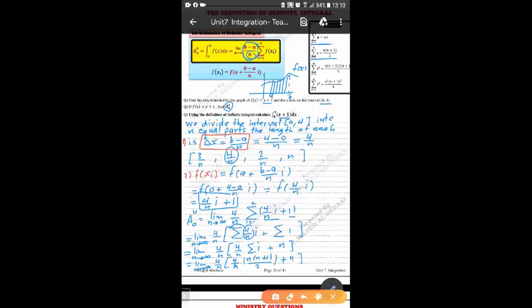So, now the area from 0 to 4 equals the limit when n goes to infinity. If you remember, it was 4 over n, then multiplied by 4 over n, right? Then n times (n plus 1) over 2, right? Plus n. It was like that, right? You remember that?